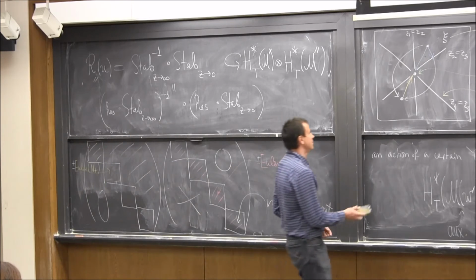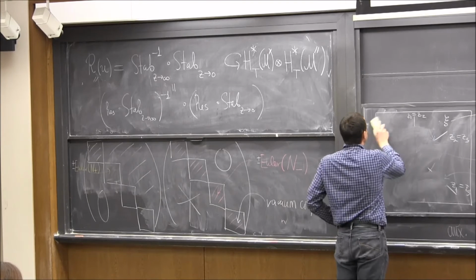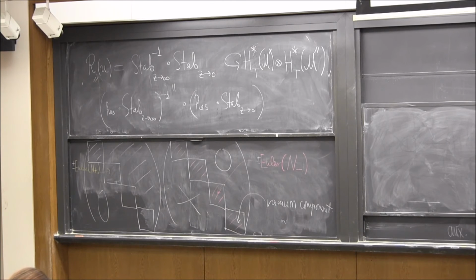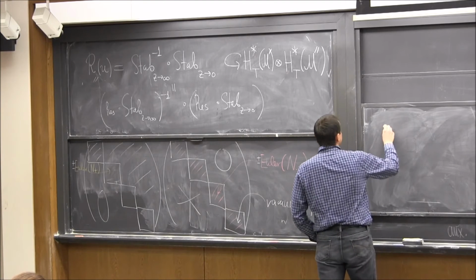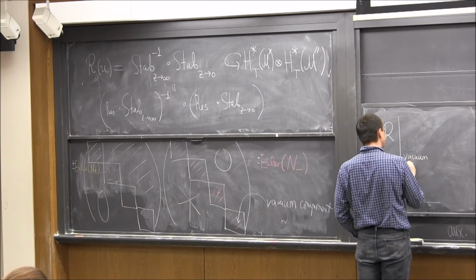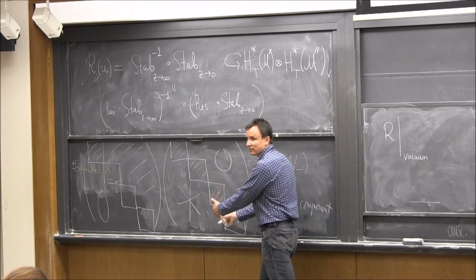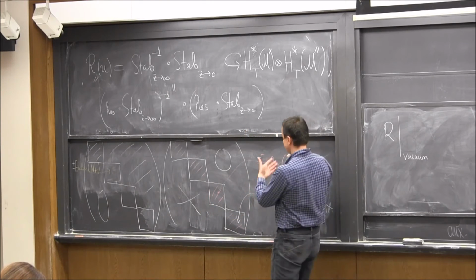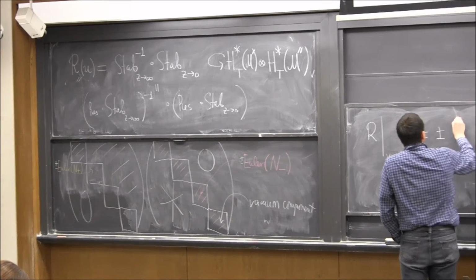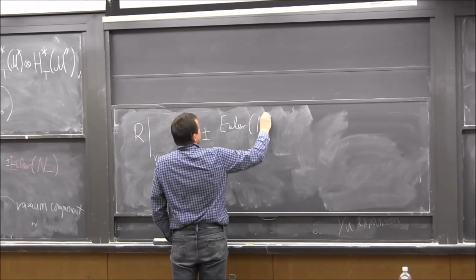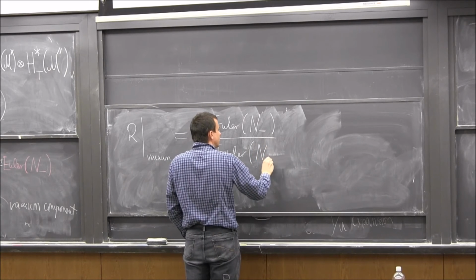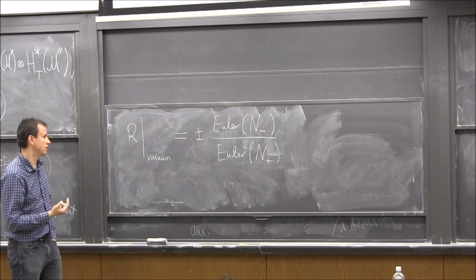And so the vacuum matrix element of the R-matrix, on my auxiliary space, is going to be the Euler class, with some plus minus, of the unstable part of the normal bundle, divided by the Euler class of the stable part of the normal bundle.